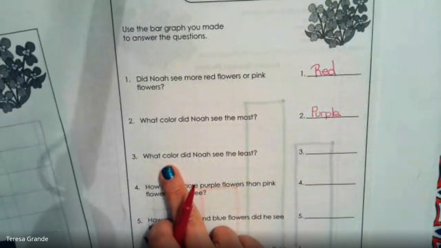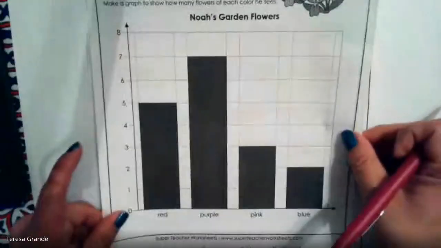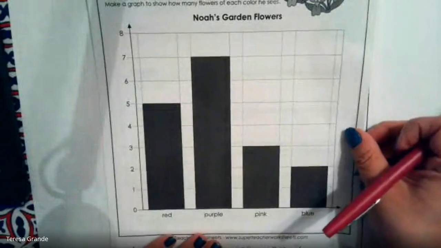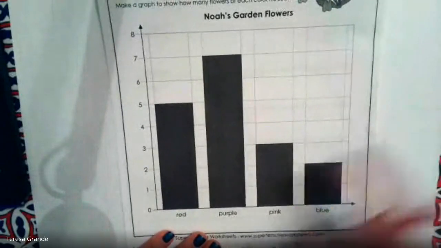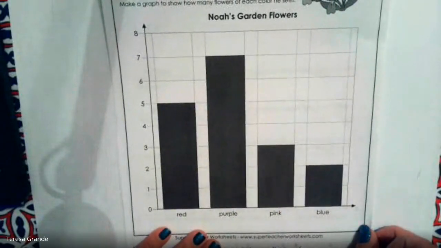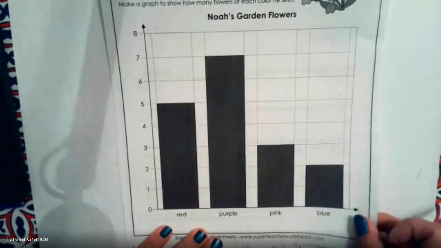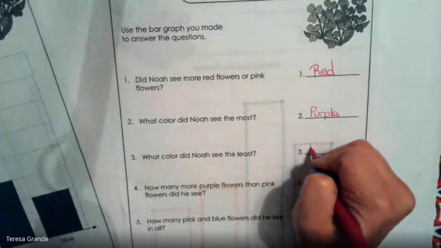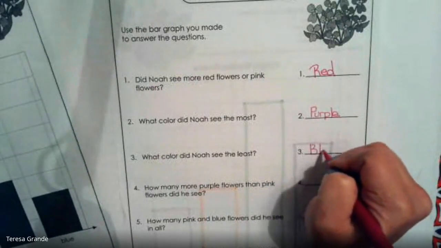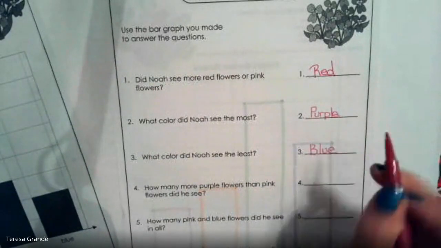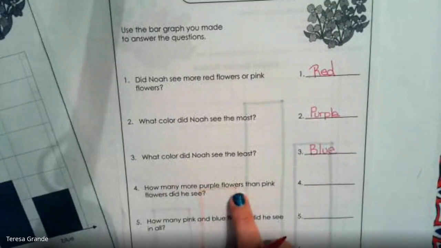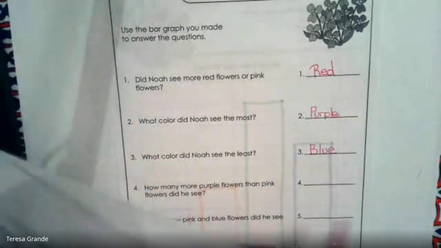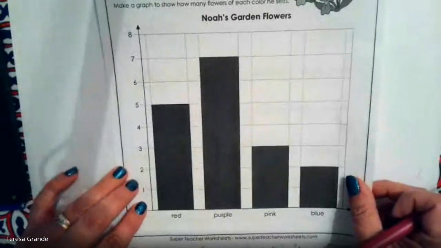What color did Noah see the least? So if we look at our bar graph, which bar is the smallest? That's right. He saw the least amount of blue flowers. How many more purple flowers than pink flowers did he see? So let's look here.